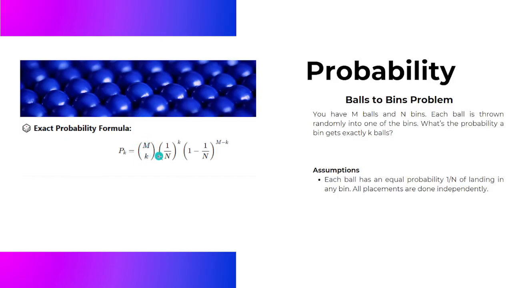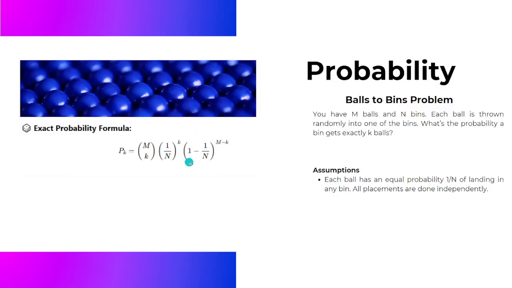Once you have the m choose k, now you can say what is the probability of a ball going into your specific bin. Let's say we pick a bin, so 1 by n is the probability, and then k balls have to go there, so 1 by n to the power k, and the remainder of the m minus k balls have to go in the remainder of the bins. So the probability is 1 minus 1 over n, which is the one chosen bin that we used here.